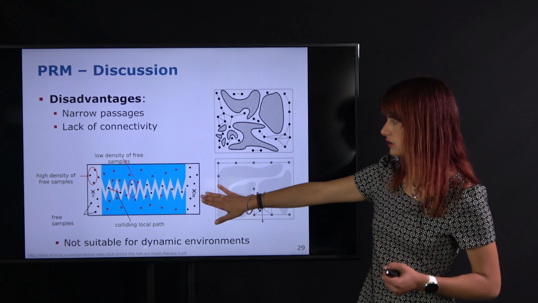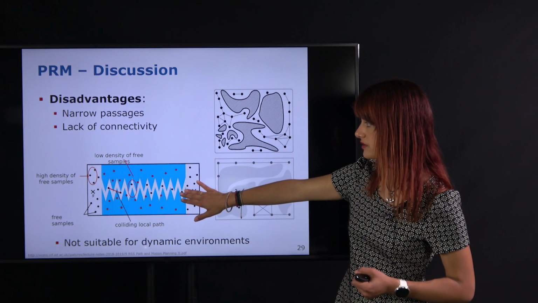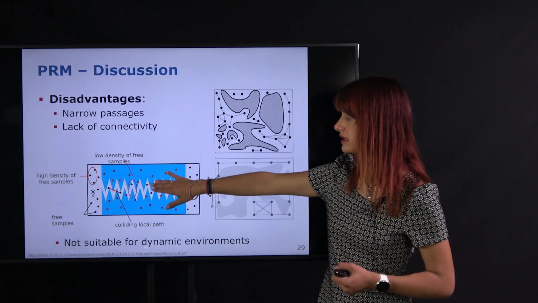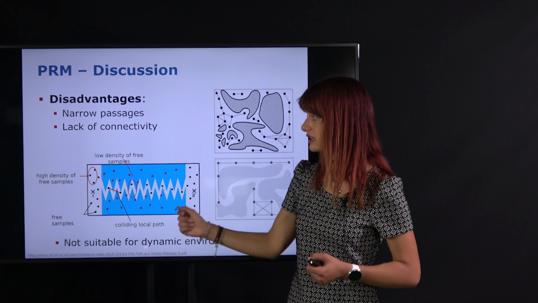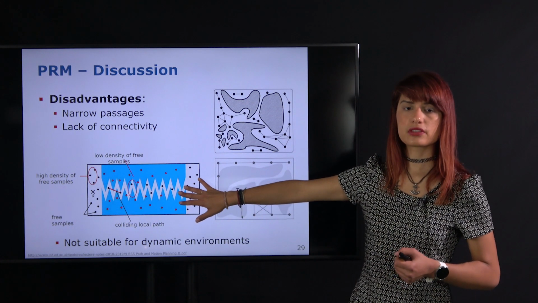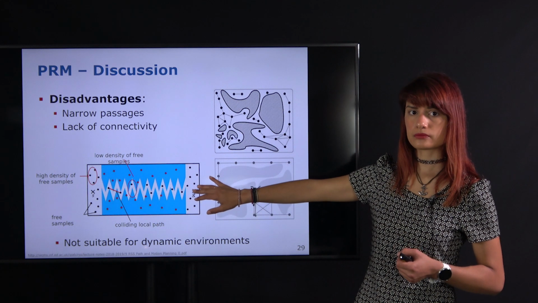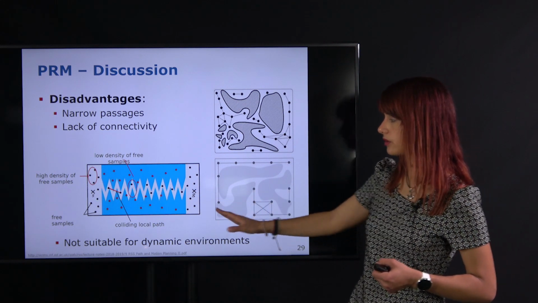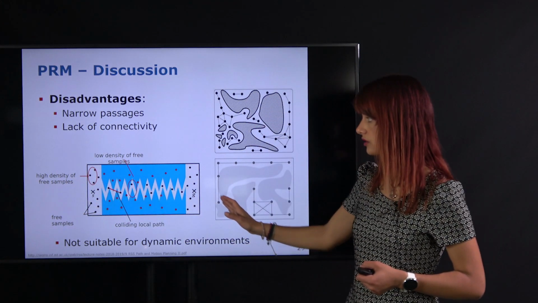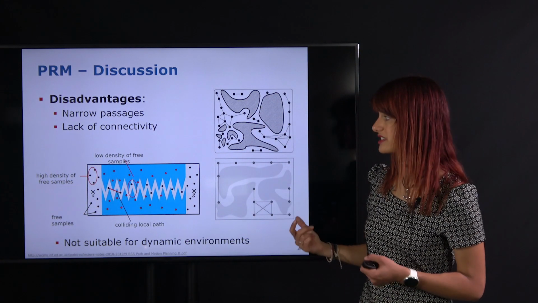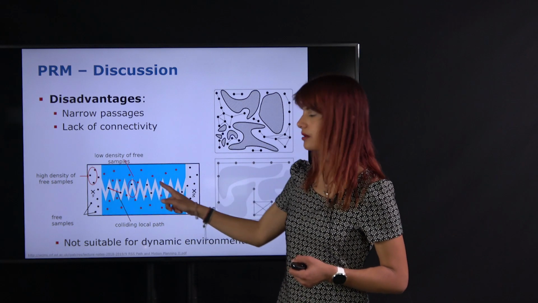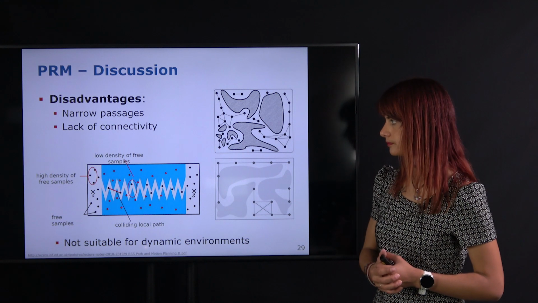So we can see here the black dots are the ones that are actually in the free space, and there are only a handful of them in this narrow passage here because we didn't sample extensively enough in order to populate this area with free space samples. So this could be a problem if we want to plan a path from one side of the environment to another and through this narrow passage, because we simply don't have enough density of samples to capture the zigzag pattern that's happening here.